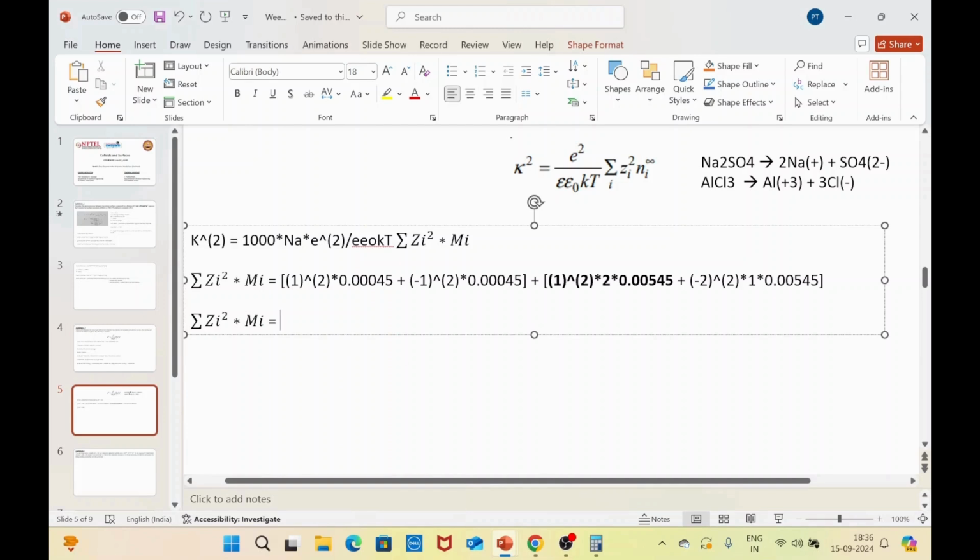So if you see here, this 1 square and this is also 1, so it will be 2 times 0.00045 plus, this will be totally 1 square, so 1 times 2. This will be -2 whole square, that will be 4. So 2 plus 4 is 6. 6 times 0.00545. So what is the value?